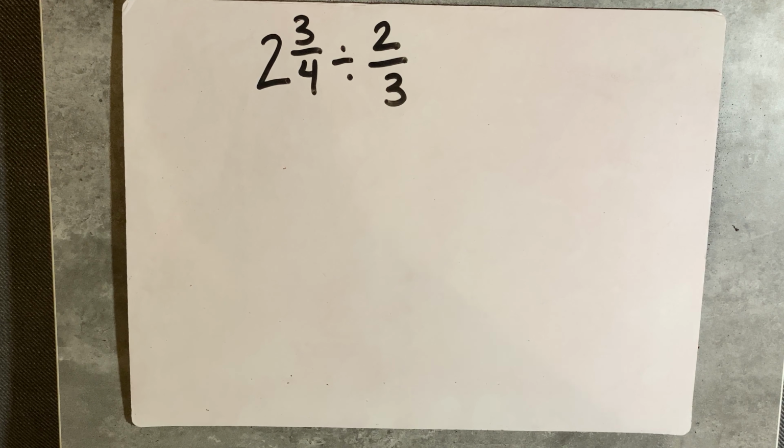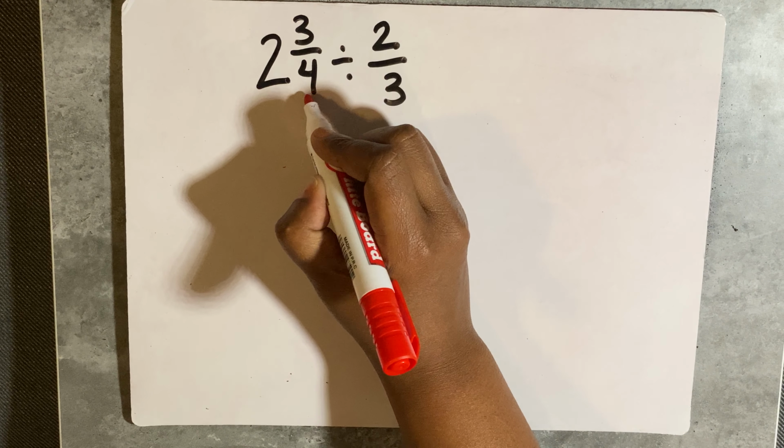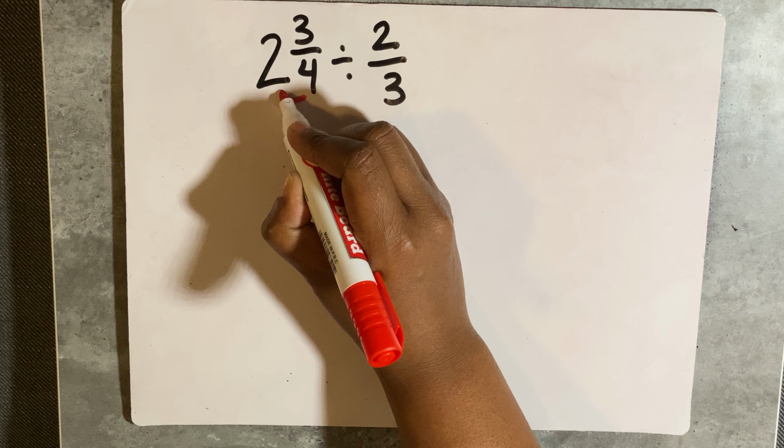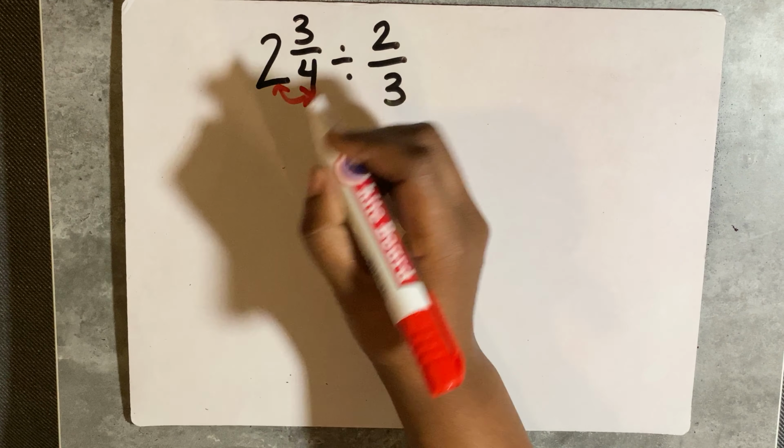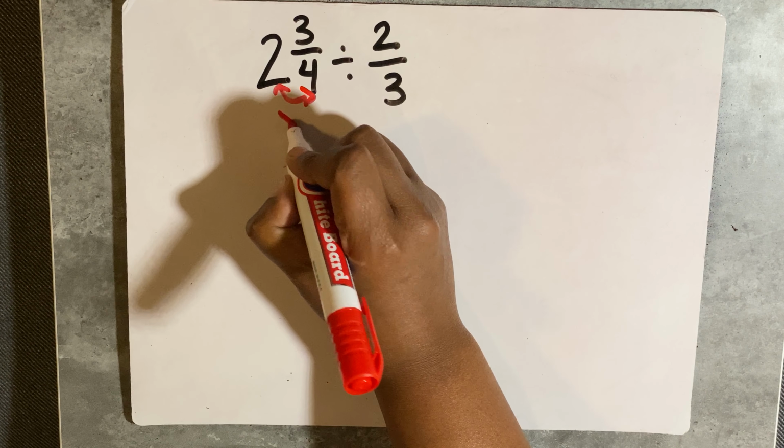We've talked about this. You've done this in 6th grade, maybe even before. You multiply the denominator with the whole number. So I'm going to multiply that.